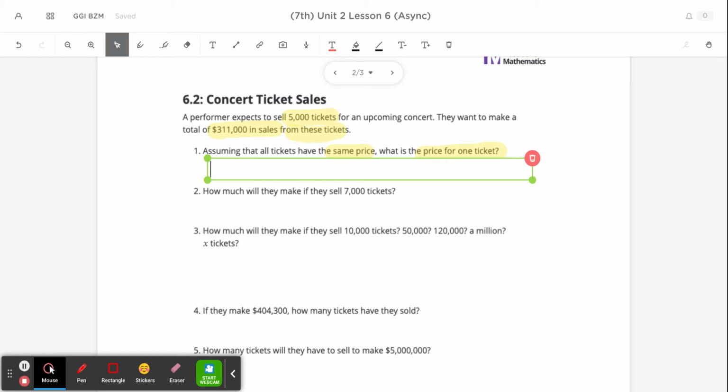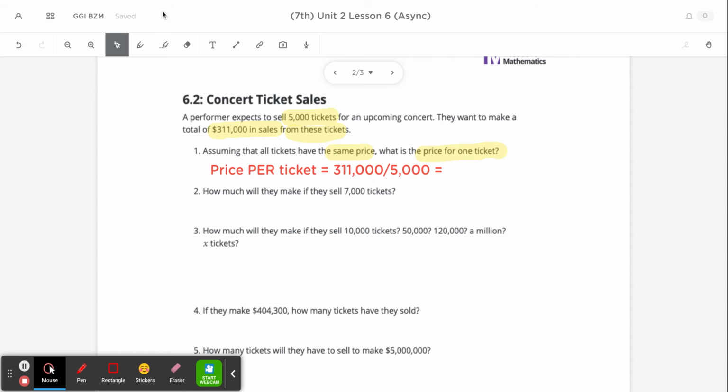And so if we're looking for the price per ticket, we can simply divide the price we know divided by 5,000. And that will tell us the price for one ticket. I'm going to definitely need a calculator for that one. $62.2.